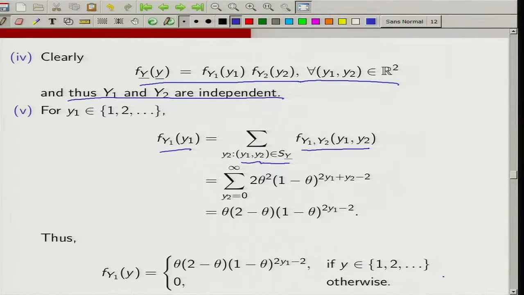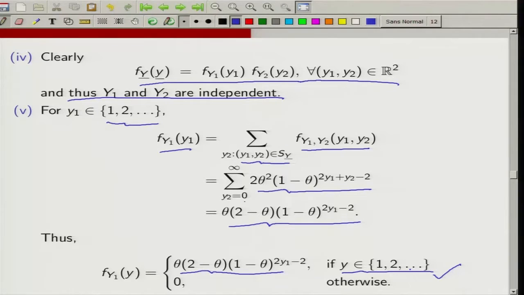But here y2 can go from 0 to infinity, such that for any y1 from 1 to 2, y2 can go from 0 to infinity. In that case, (y1, y2) would always be in S_Y. So, this is the same as 2 theta square 1 minus theta to the power 2 y1 plus y2 minus 2. Again a geometric series, sum it, you get this quantity. So, my f_Y1 turns out to be theta (2 minus theta) (1 minus theta) to the power 2 y1 minus 2 if y1 is 1, 2, and so on, and 0 otherwise.